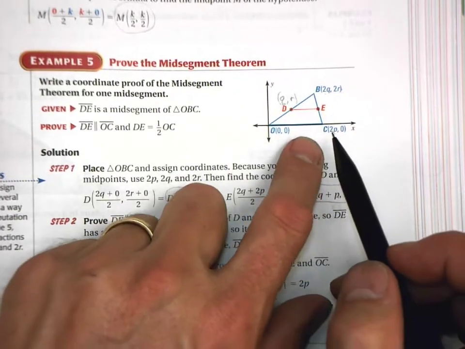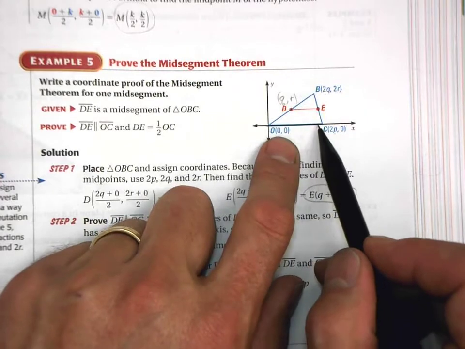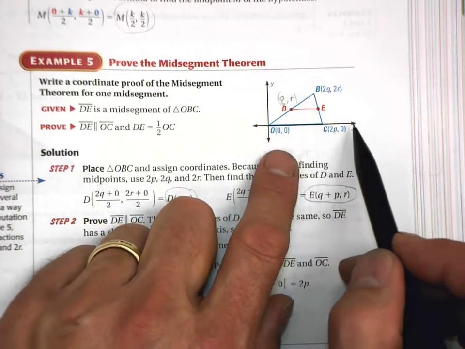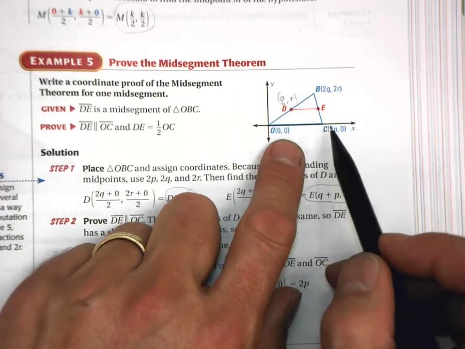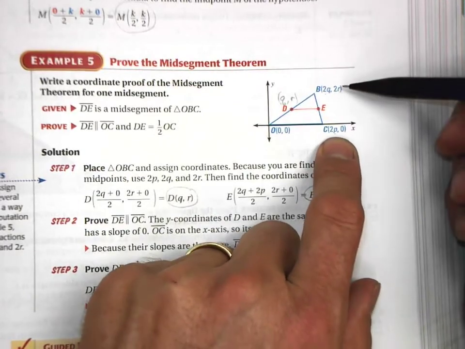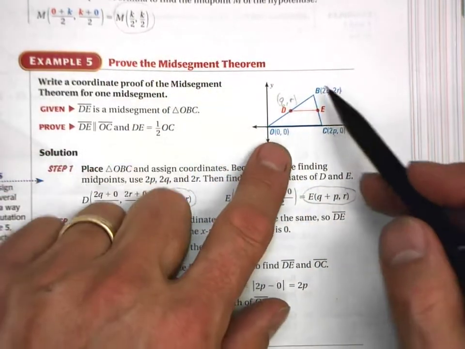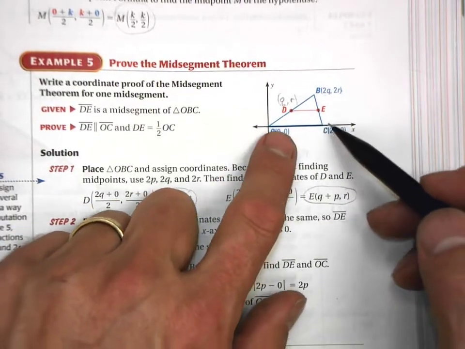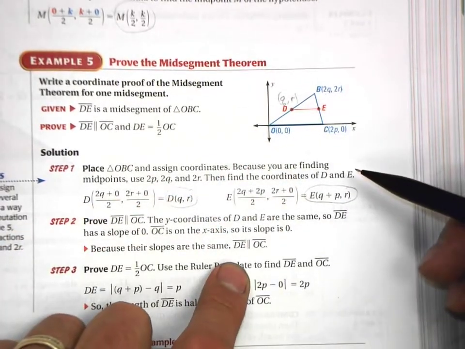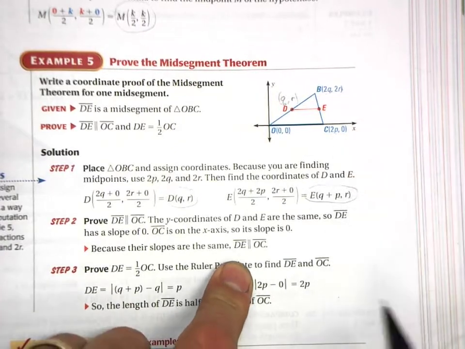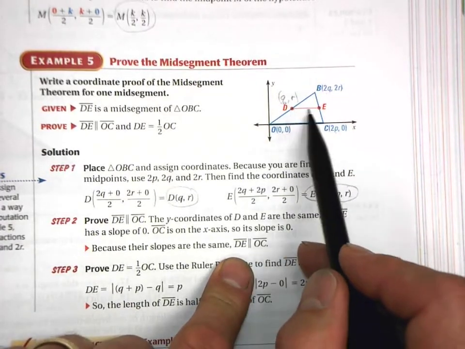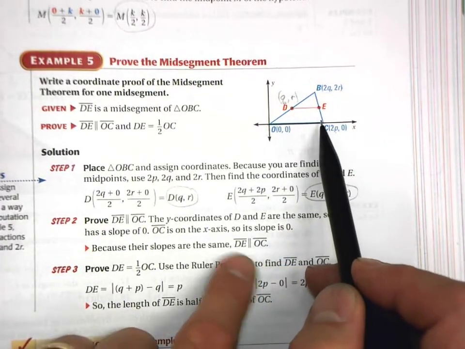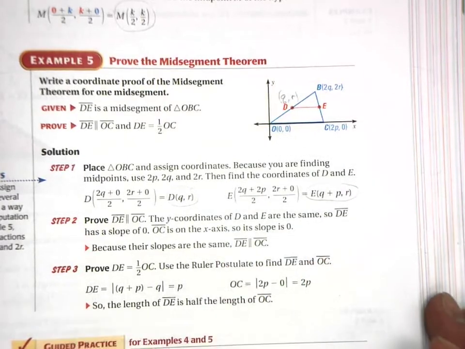So even though right now it's placed on the x-axis, because these are variables, it doesn't matter what the orientation of this triangle would be and what numbers we plug in there, we're still going to get the same answer. And so we have just proven that your mid-segment and your third side will always be parallel.